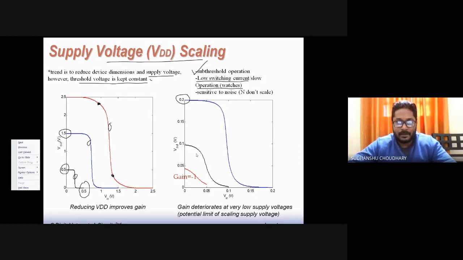Okay. Now you will also find that because of very low current levels, when the VDD is scaled very far down, the entire circuit is operating at very low voltages. So inside the circuit, at all nodes, the voltages are very small. At such small voltages, the nodes inside the CMOS inverter or any digital circuit can become sensitive to noise.